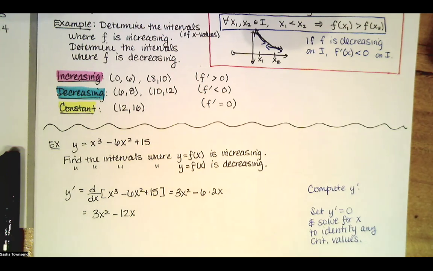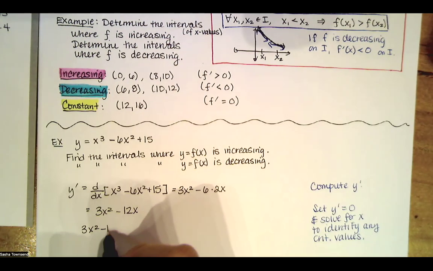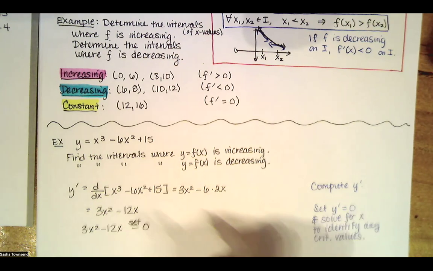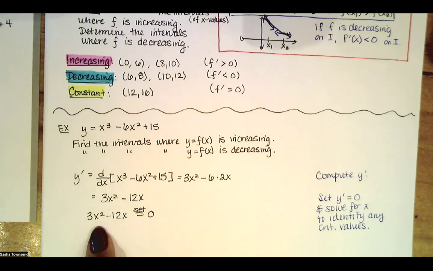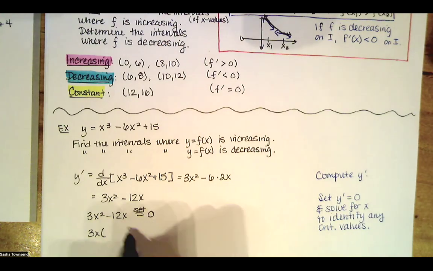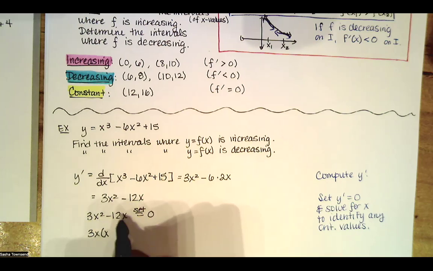So we've got y prime. We're setting that equal to 0. We're solving for x. Solve this equation for x, we can factor it. These two terms have a 3x in common. 3x times x gives us a 3x squared, and 3x times a negative 4 would give us that second term.